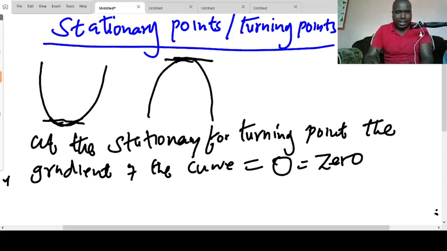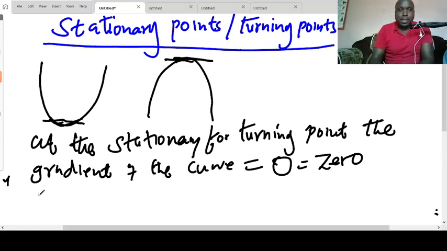That is the key word. At the stationary point, at the turning point, the gradient function is equal to 0. Mark that and know that. If that is the case, then we have two types of turning point.